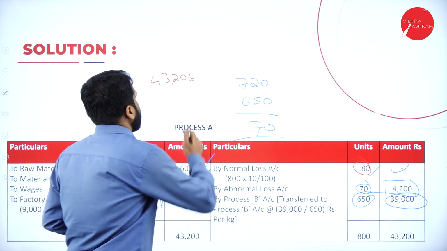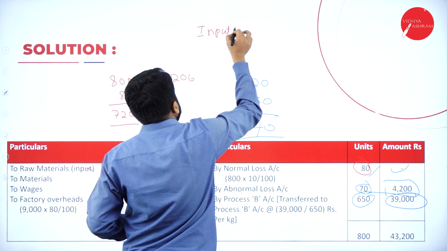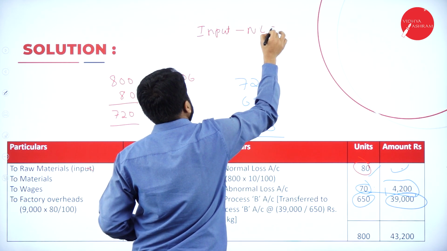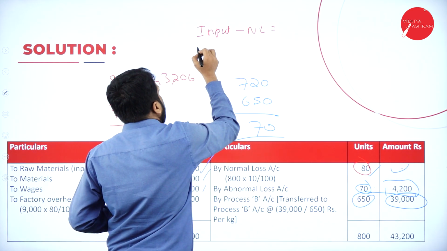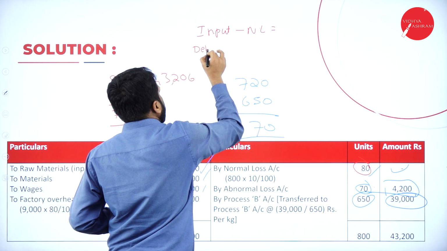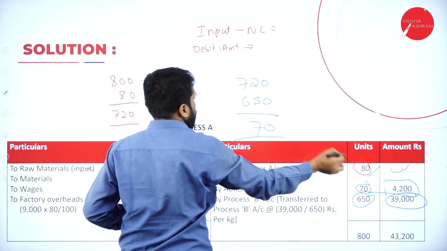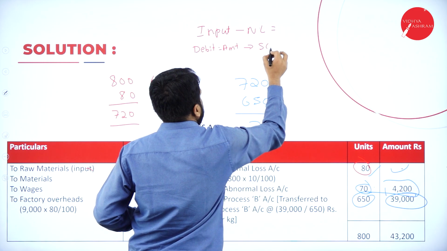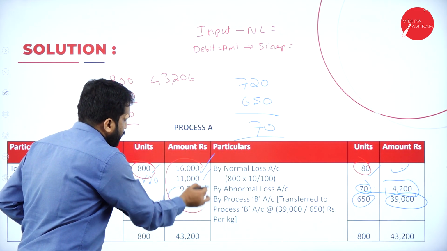I'll give you the formula. Easy. Input minus normal loss. Then your debit side amount minus your scrap value.